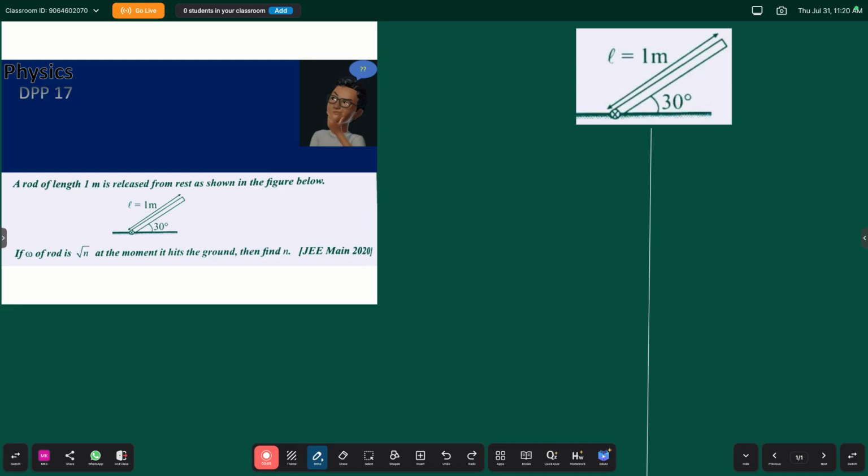The question is: a rod of length 1 meter is released from rest as shown in the figure from this position. The angular velocity omega of the rod is square root of n at the moment when it hits the ground.